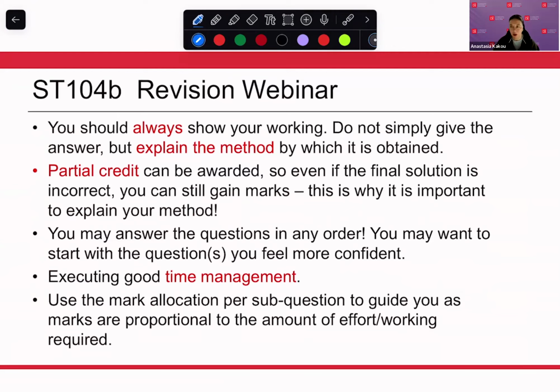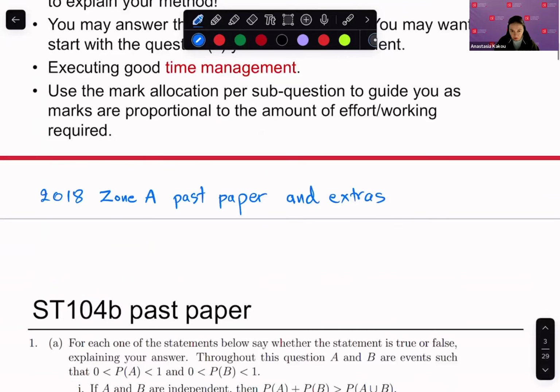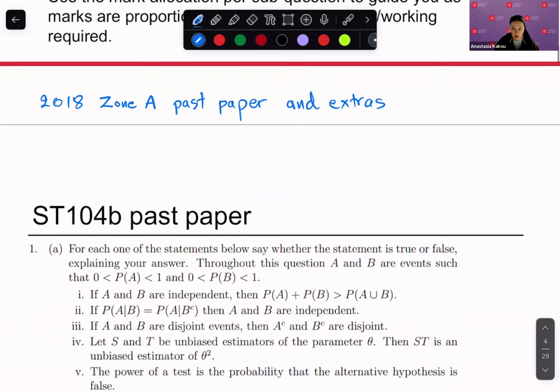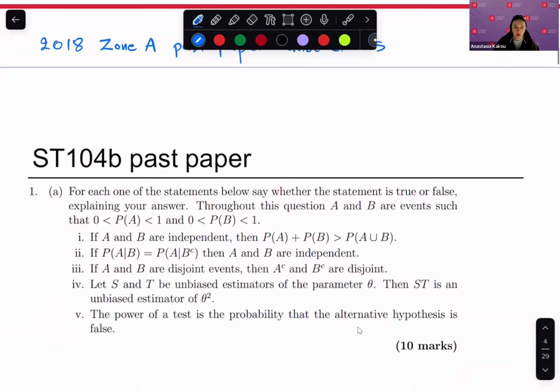Try to allocate your time depending on the marks that each sub-question has. I'm going to use the 2018 past paper, Zone A, and perhaps a couple more sub-questions as an extra. I'll try to cover as much as possible.